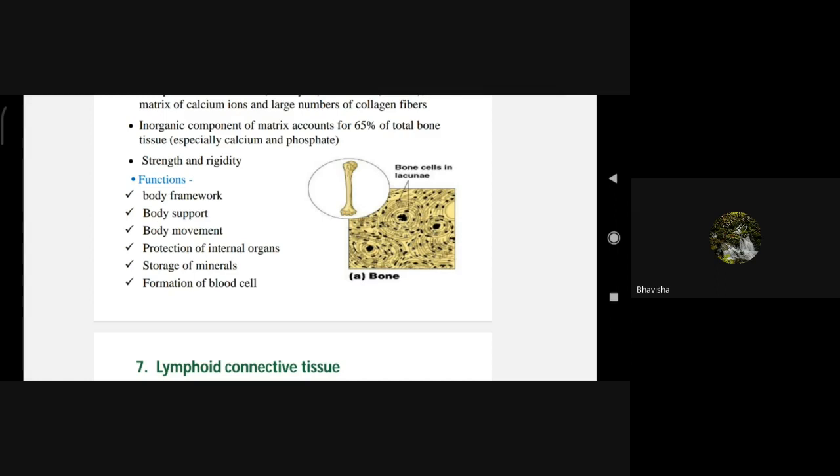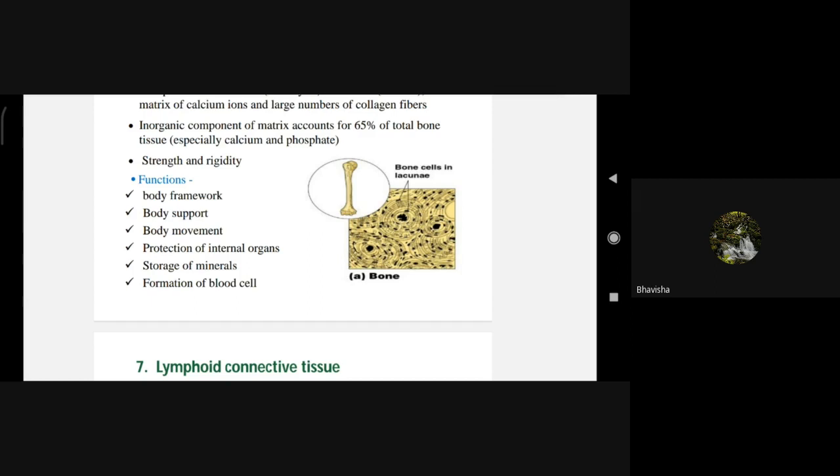Now, body support. It supports the body, obviously. Body movement also depends upon the joints and bones. Protection of internal organs: you all know how the rib cage protects our chest cavity, lungs, heart, all these vital organs. Our brain is protected by the skull.